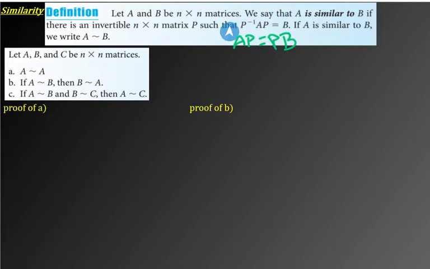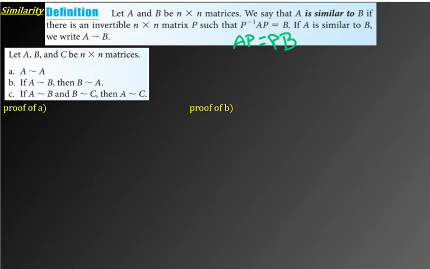All I did there is multiply by P on the left. So sometimes we see that one, and this one can be a little nicer because you don't have to find an inverse. You only do a multiplication here with a matrix and a multiplication in here, and if they're equal, then they're similar. Okay.